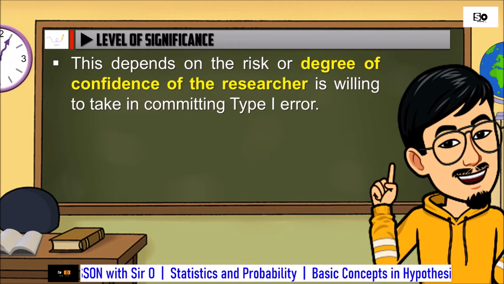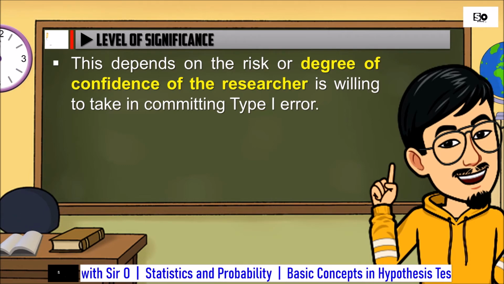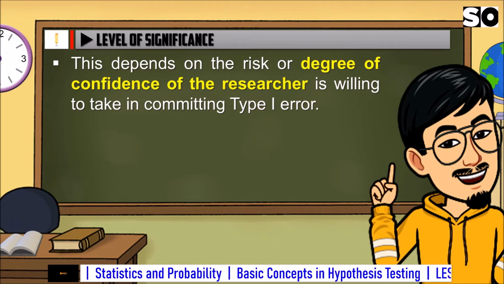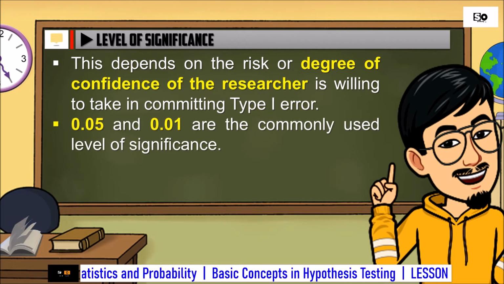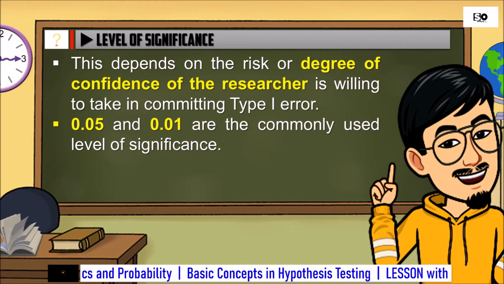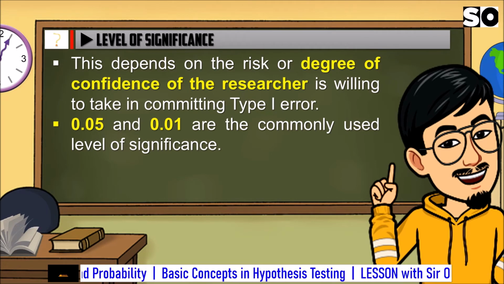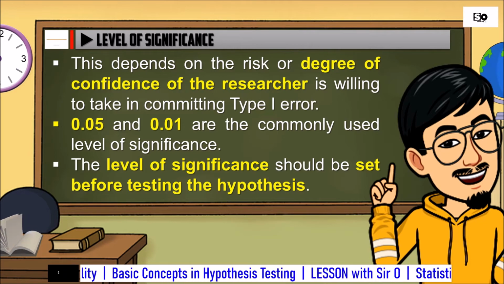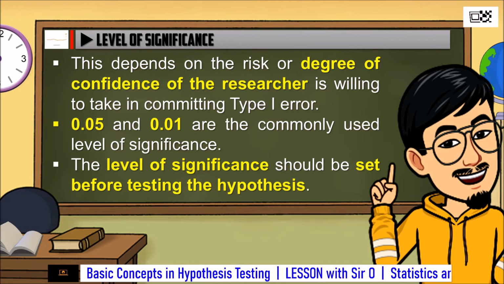This depends on the risk or degree of confidence the researcher is willing to take in committing type 1 error. 0.05 and 0.01 are the commonly used levels of significance. The level of significance should be set before testing the hypothesis.